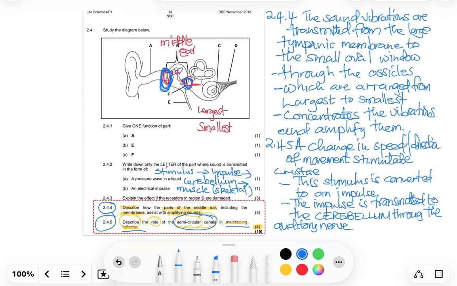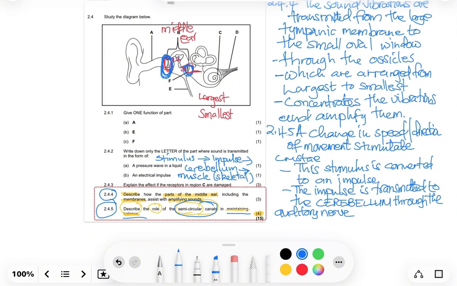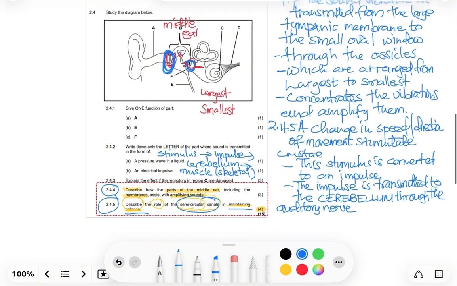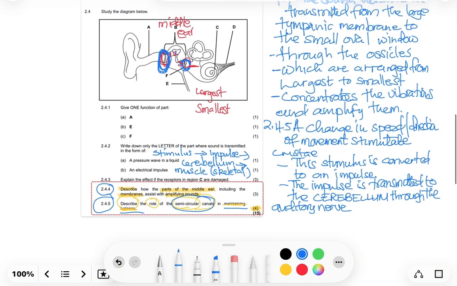And then what happens next? When the cerebellum gets this impulse, it is going to interpret the impulse. After interpreting, the cerebellum generates a nerve impulse, which it sends to the muscles, the skeletal muscles.